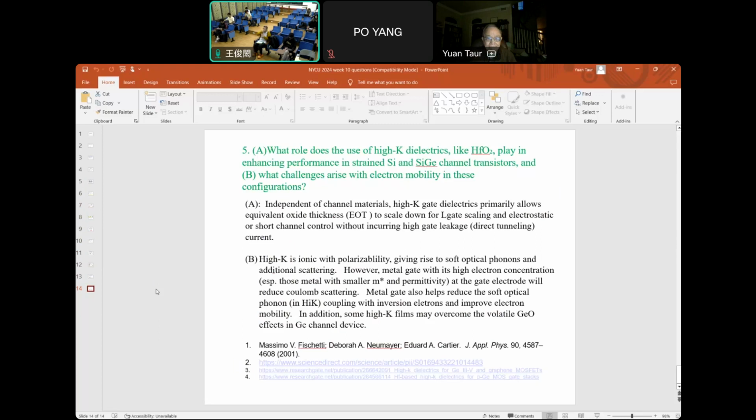So basically, we need some interlayer also. And in terms of germanium or III-V channels, they have different considerations too. So whether you have a native oxide or you need to have a good interface that doesn't degrade the work function or the mobility.